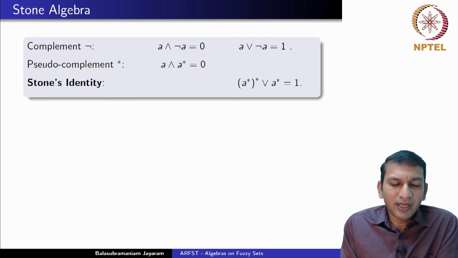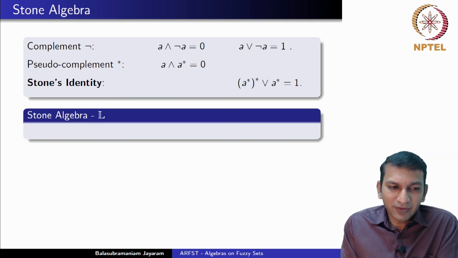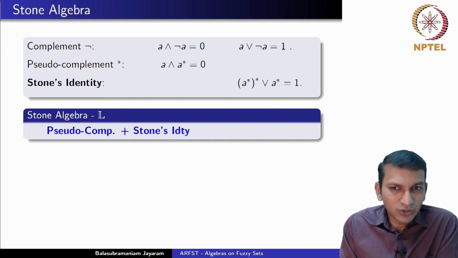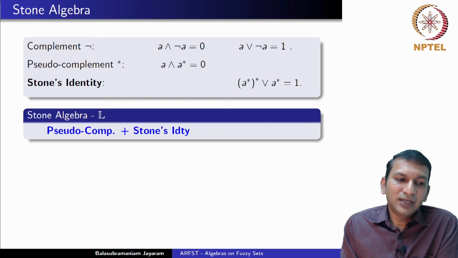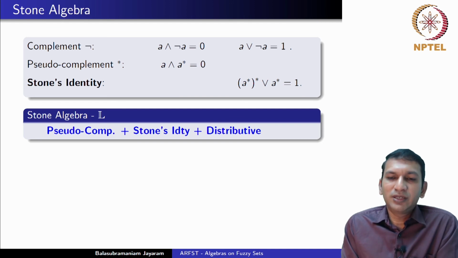Now, a pseudo complement may or may not satisfy Stone's identity, but if a pseudo complementation exists on a lattice, and if it satisfies Stone's identity, and if that lattice happens to be a distributive lattice, note that even pseudo complementation is defined only on a bounded lattice.